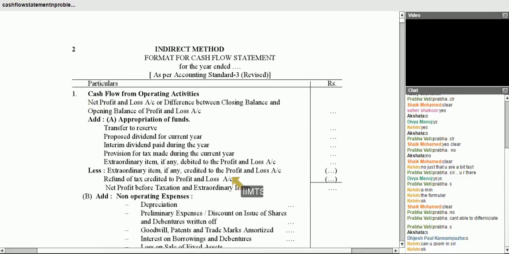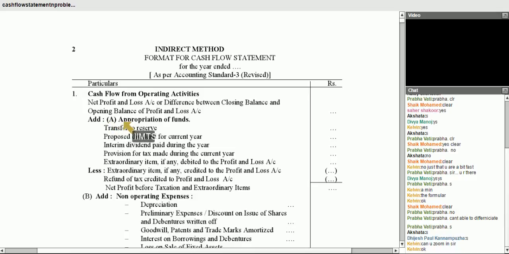Okay. So now you can clearly see that first comes cash flow from operating activities. So in this we have to insert the net profit and loss account or difference between the closing balance and opening balance of profit and loss account.